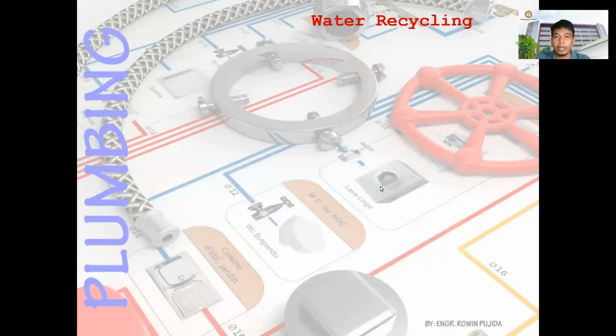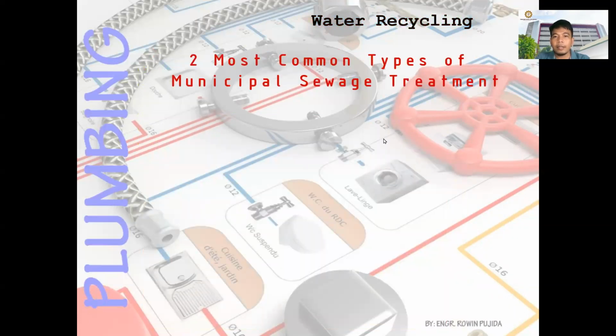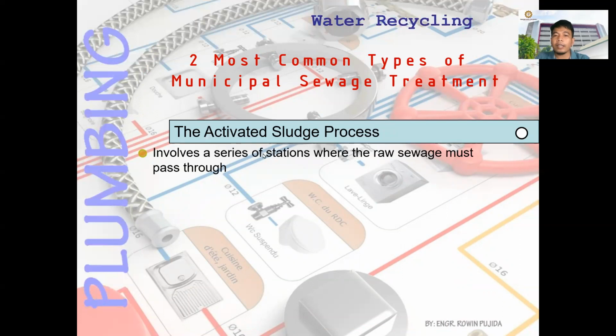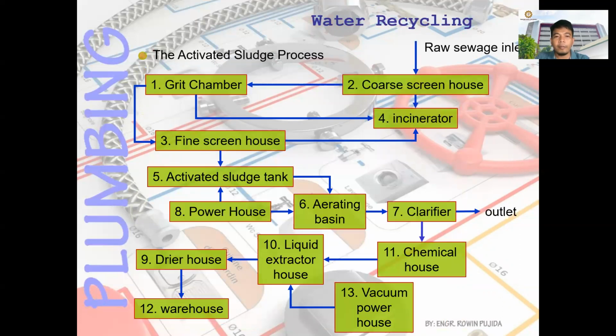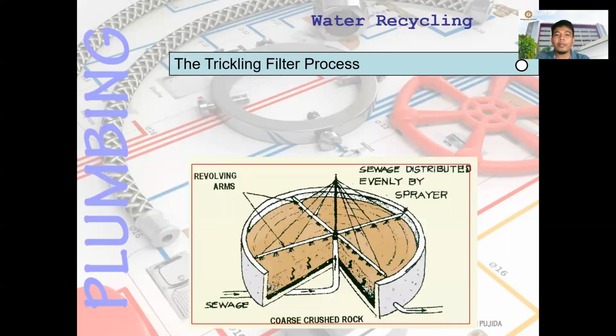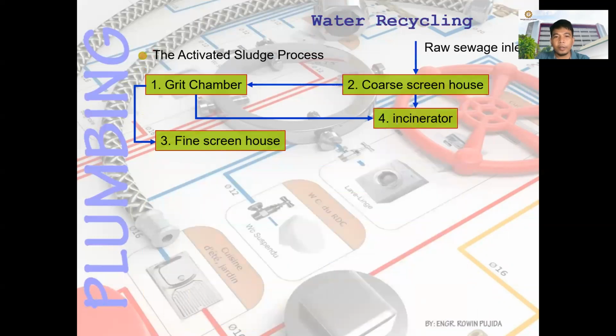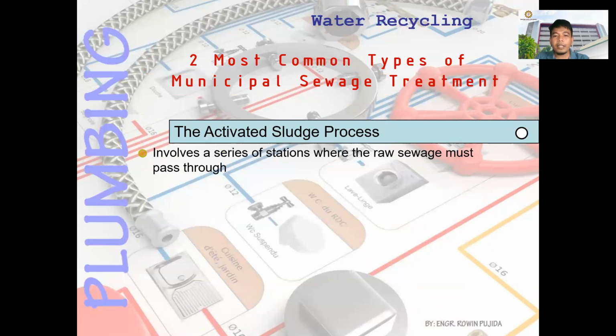Okay. So here in my notes, you have the two most common types of sewage treatment: the activated sludge and the trickling filter process. The activated sludge process involves a series of stations through which raw sewage must pass.